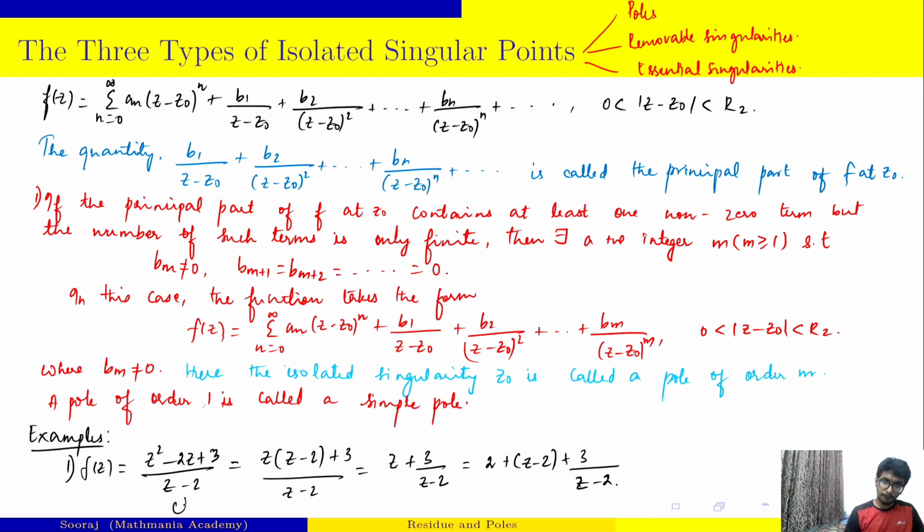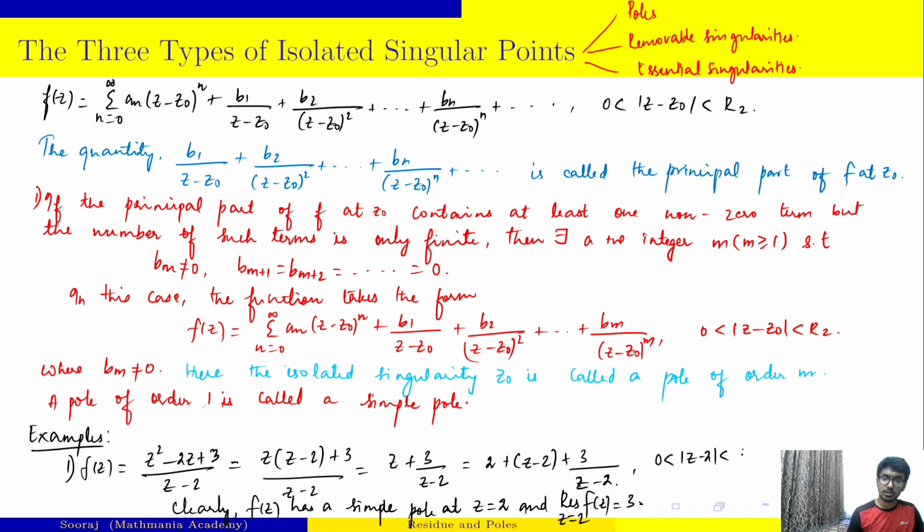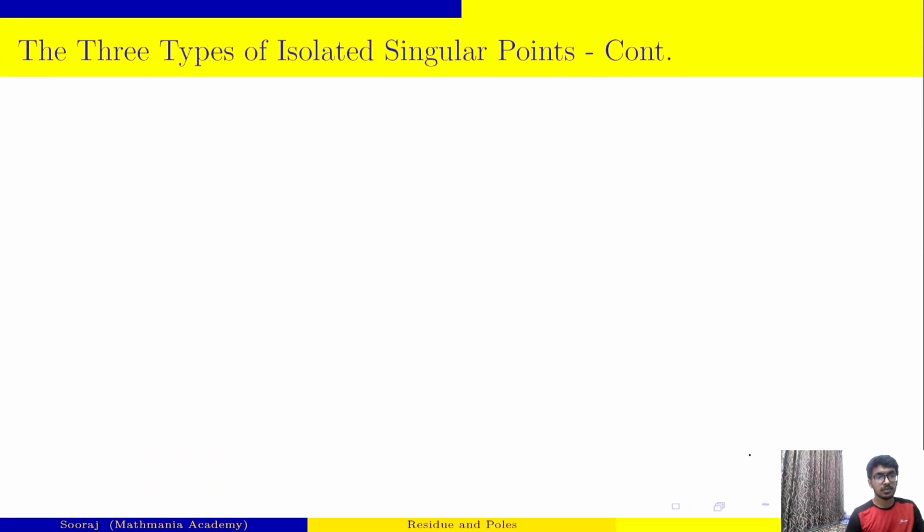So clearly f of z has a simple pole at z equals 2, and the residue of this function at this point is 3. The validity of this expression is 0 less than absolute value of z minus 2 smaller than infinity.